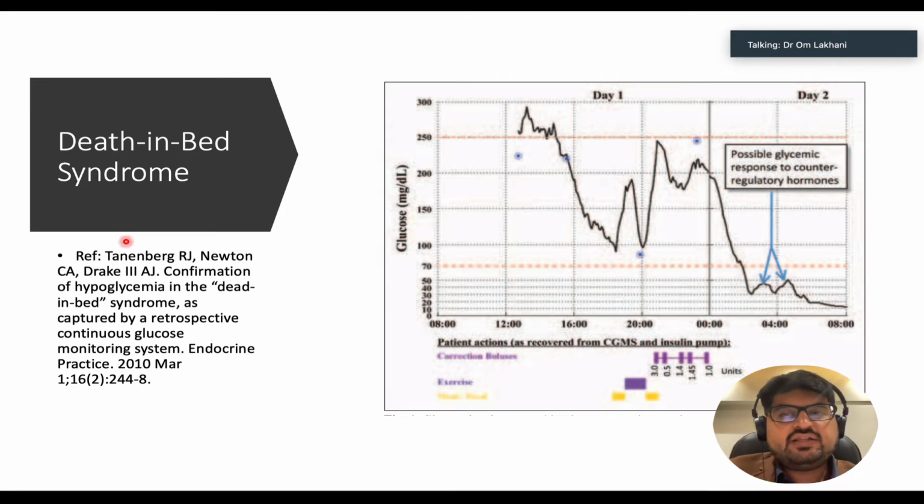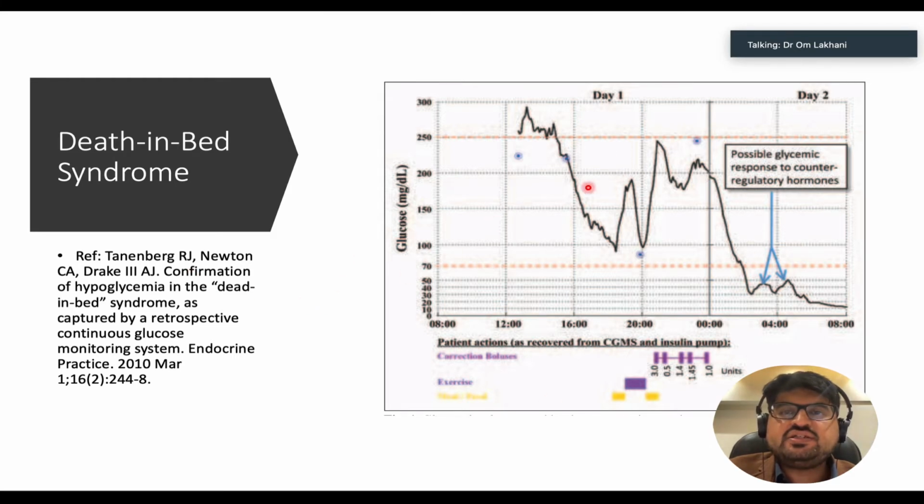But this is a paper, and you can see here what happened in this patient. Basically, this patient was on a retrospective professional CGM device, and the patient actually did not see the morning. So they took the CGM and analyzed the data, and what they found was that the patient died because of a severe hypoglycemia. You have the full paper available.